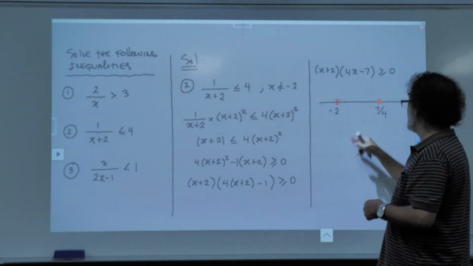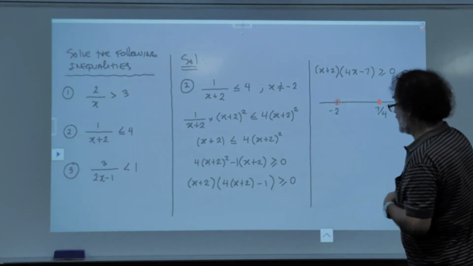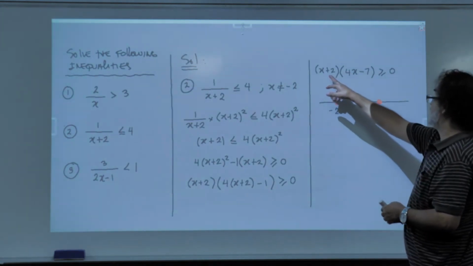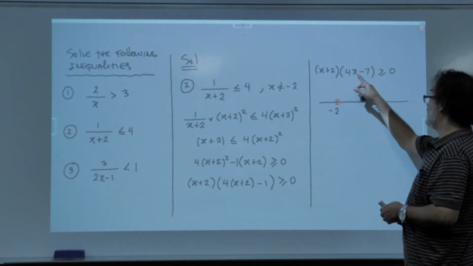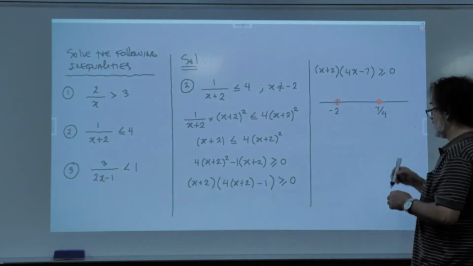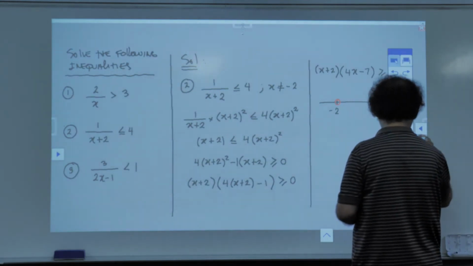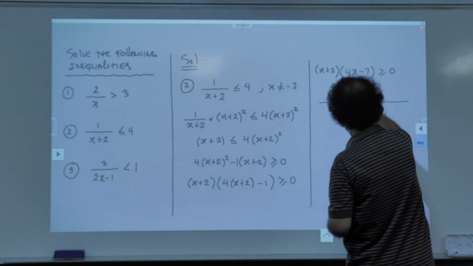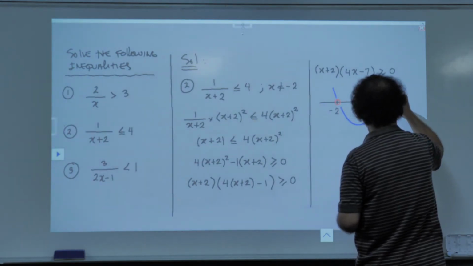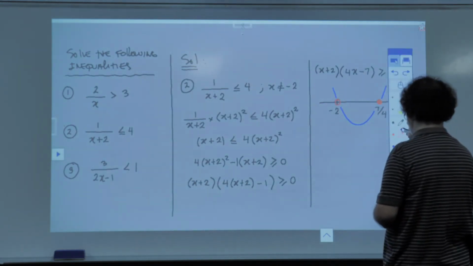And then we know that this is going to be another happy one, right? Because if you multiply x multiplied by 4x, it's going to be 4x squared. So I mean that, yeah, it's going to be one of those happy ones. So, okay, so we're going to do this. Right.